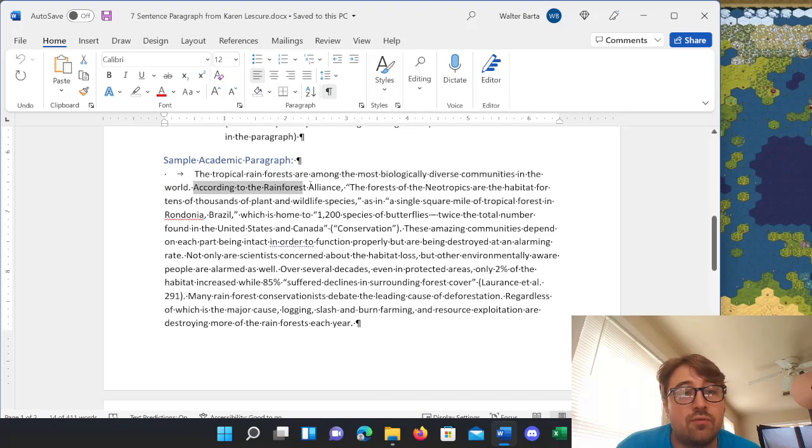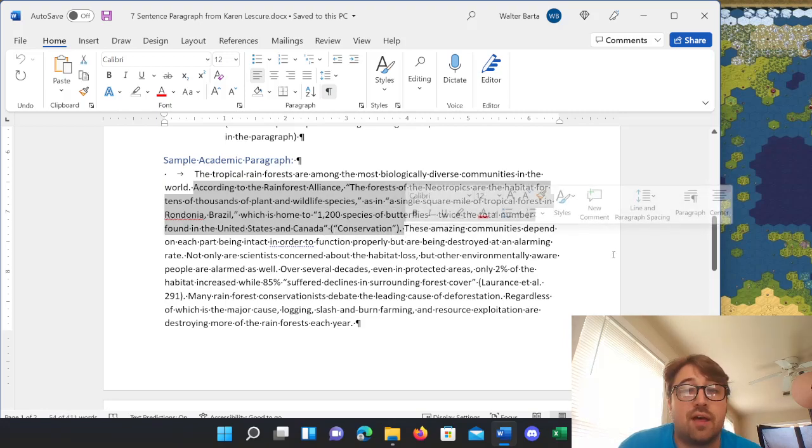According to the Rainforest Alliance, the forests of the neotropics are the habitat for tens of thousands of plant and wildlife species, as in a single square mile of tropical forest in Rondônia, Brazil, which is home to 1,200 species of butterflies, twice the total number found in the United States and Canada. So here we have a direct support of that first sentence.